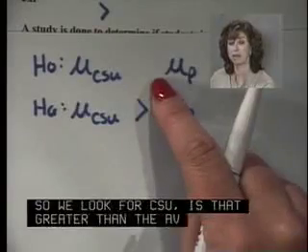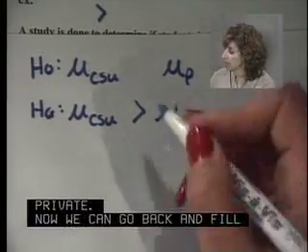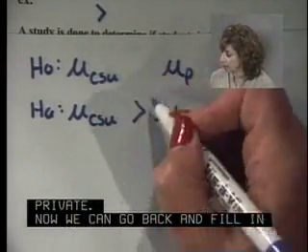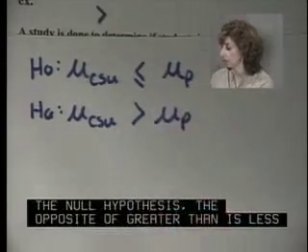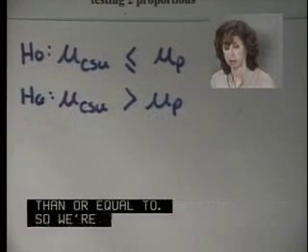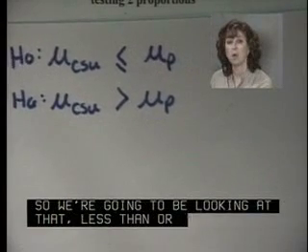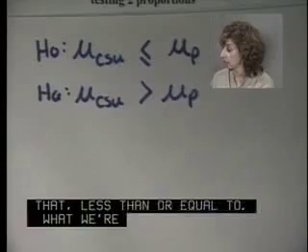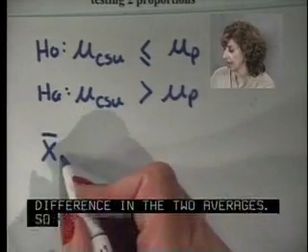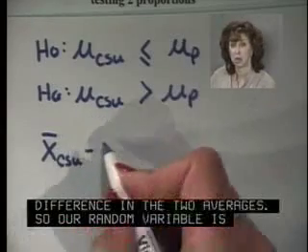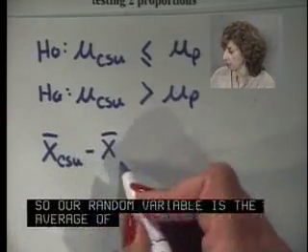Now we can go back and fill in the null hypothesis. The opposite of greater than is less than or equal to. So we're going to be looking at that, less than or equal to. What we're testing is the difference in the two averages. So our random variable is the average of CSU minus the average for private.